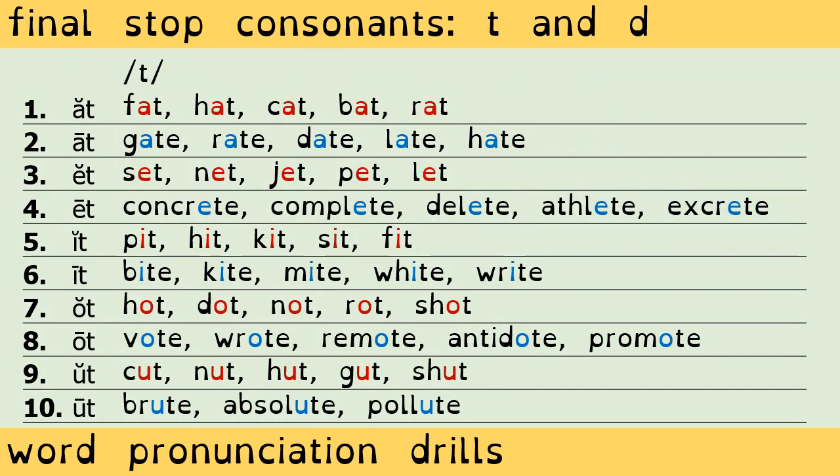Next, let's try reading the following words. Pause and restart the video when you are ready. Okay, let's go. Repeat after me. 1. At. Fat. Hat. Cat. Bat. Rat. 2.